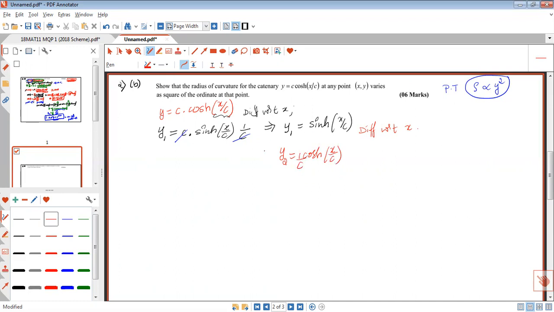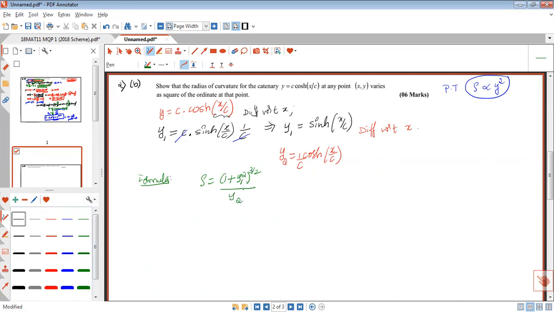Now write the formula for the radius of curvature. The formula is rho equals 1 plus y1 square to the power 3 by 2 divided by y2.